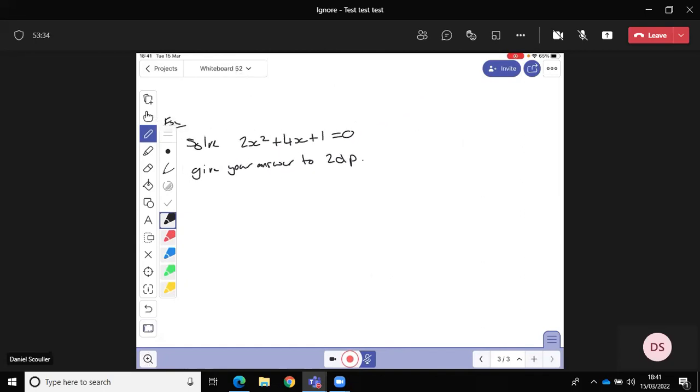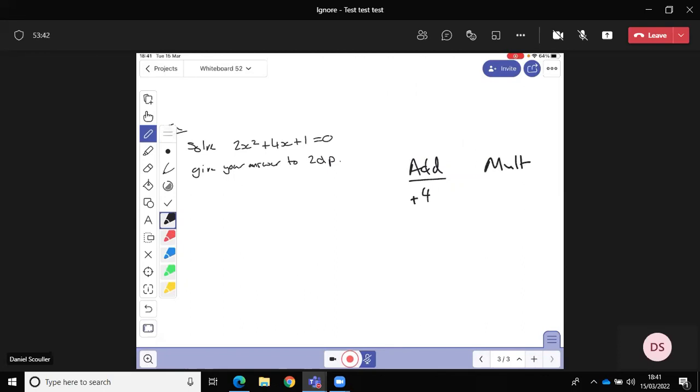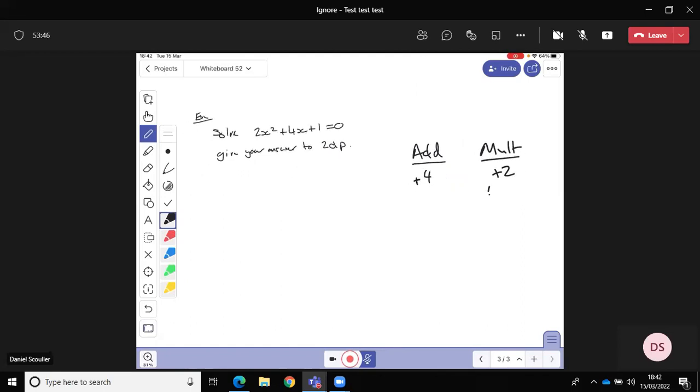Don't write this down: we'd be adding together to make positive 4, multiplying together to make positive 2. Positive, positive, negative, negative, we've only got 1 and 2. That doesn't work. So there must be another way of doing it.